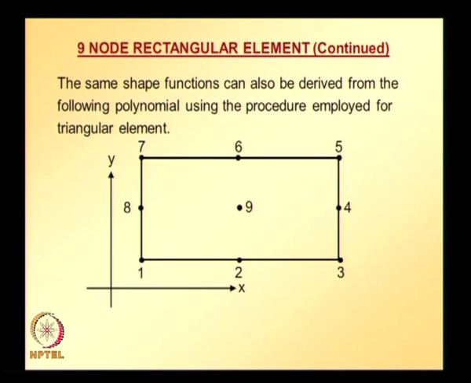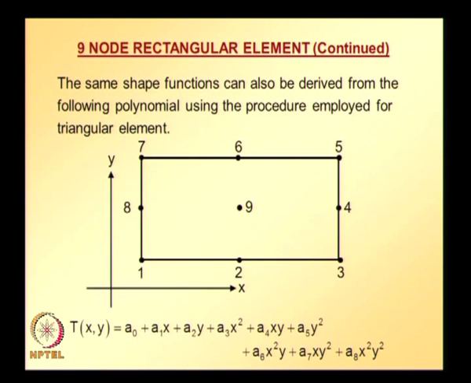This is the element for which we need to derive shape functions. There are 9 nodes, so we start with a polynomial having 9 coefficients like this, and once we adopt that procedure, we get the same shape functions as we obtained using the Lagrange interpolation formula.